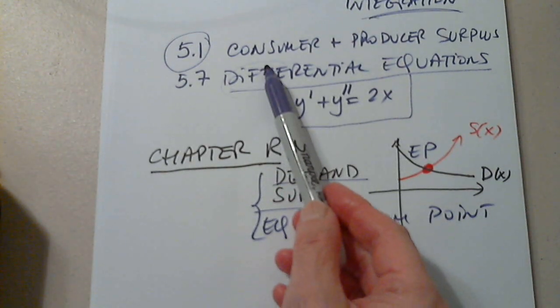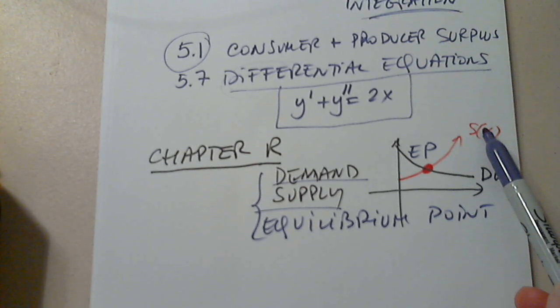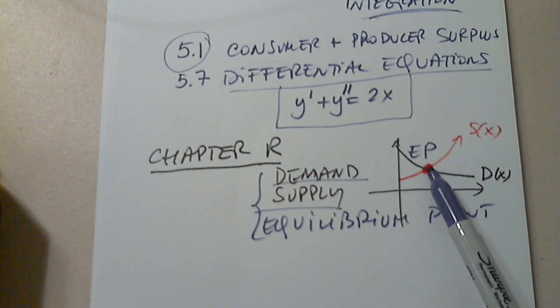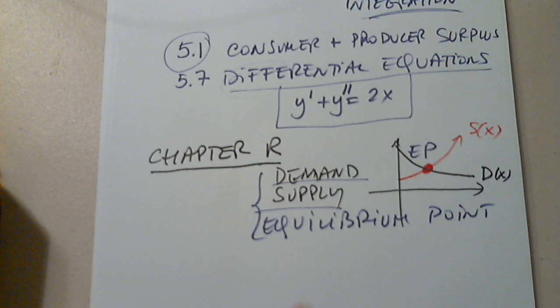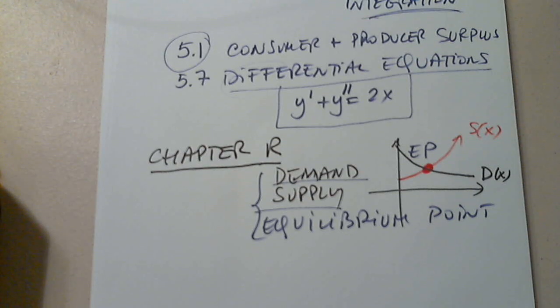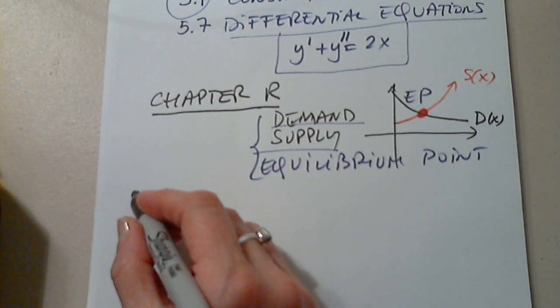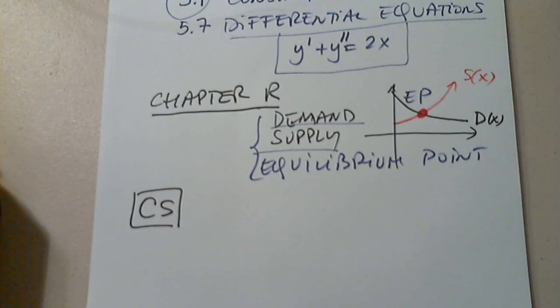So the consumer and producer surplus, they're based on the demand function, supply function, and the equilibrium point, or maybe other points. So let's start with something called consumer surplus. In short, consumer surplus. That's the abbreviation that I'm going to use.